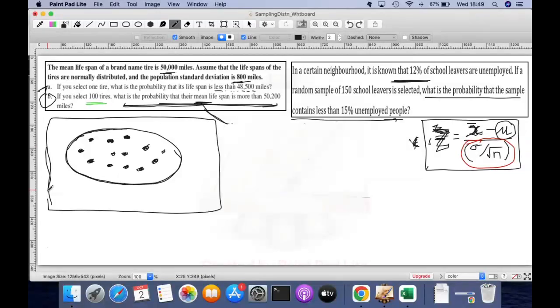There's just too many people for me to look at an entire neighborhood. But the mayor tells me it's believed that out of the entire neighborhood, the proportion of unemployed people is 12%. So pi is 12%. That is what the true value is, and that's what I'm being told by the mayor. But my sample, this I can measure. I can look at 150 people, because that's doable.